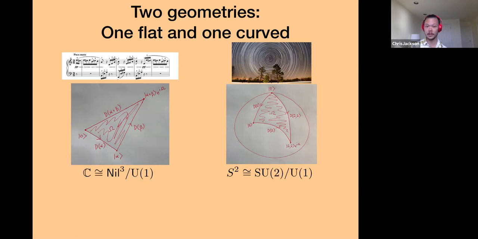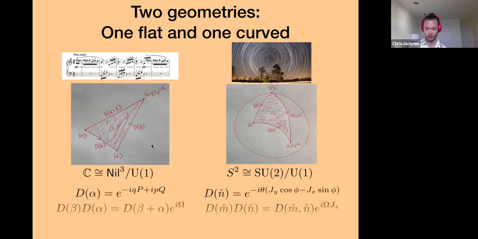Well, you need the notion of a straight line, and you need the notion of angles, okay? So it turns out that there's this great way of describing how angles and straight lines interact with each other in the flat plane, which is in terms of what's called the Weyl-Heisenberg group.